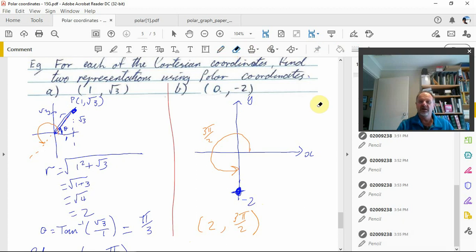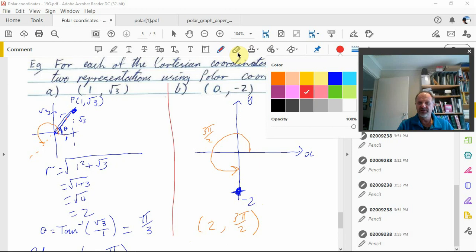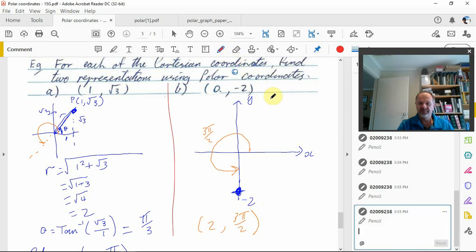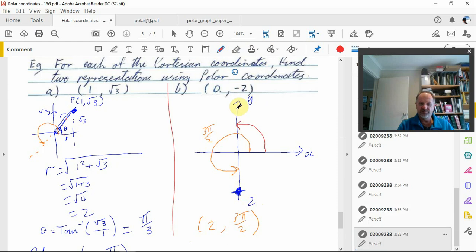Another representation could be the following. Instead of going all the way around there, what if I just go to here, and instead of a radius of 2, I go a radius of -2. That's pi on 2 there for that angle. So another representation could be -2 radius, pi on 2 angle, and that takes us to the same point.